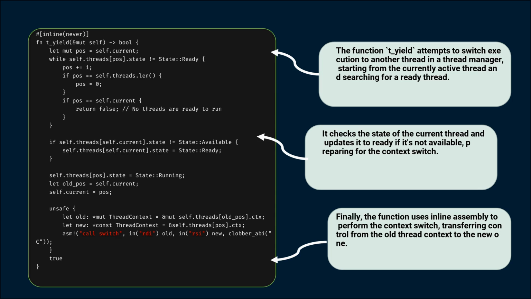Next, if the current fiber is not marked as available, it is transitioned to the ready state, allowing it to be considered for future scheduling. The scheduler then marks the fiber found at the new position as running, effectively switching control to it. The context switching is performed using inline assembly, which enables direct manipulation of the CPU state for the fibers, ensuring performance efficiency.